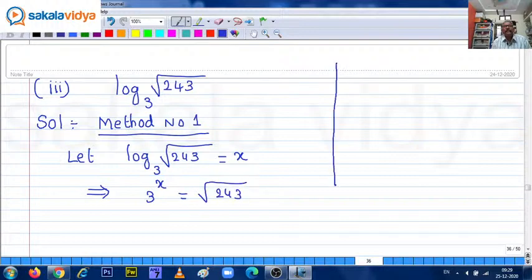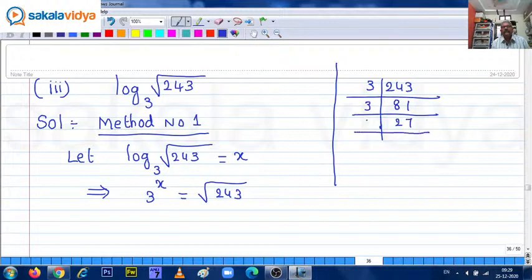So now we need to do the prime factorization of 243. 3 eighty-ones are 243, 3 twenty-sevens are 81, next 3 nines are 27, next 3 threes are 9, next 3.